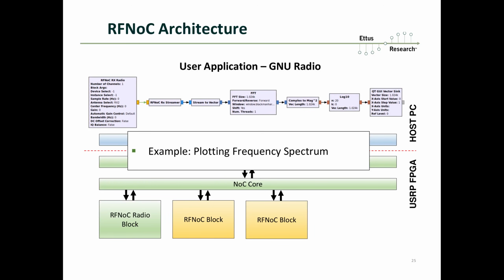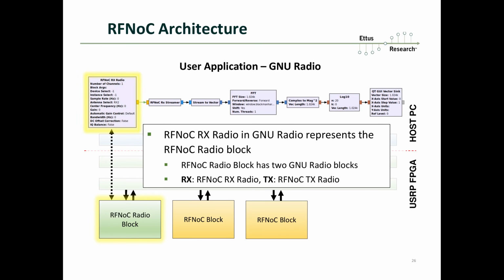Let's consider the example of plotting frequency spectrum to see how rfnoc is used from within GNU Radio, and to see what the data flow looks like. As mentioned earlier, IQ samples are input into and output from the rfnoc radio block. In GNU Radio, the rfnoc radio block is represented by two blocks, the rfnoc-tx radio block for transmit and the rfnoc-rx radio block for receive.